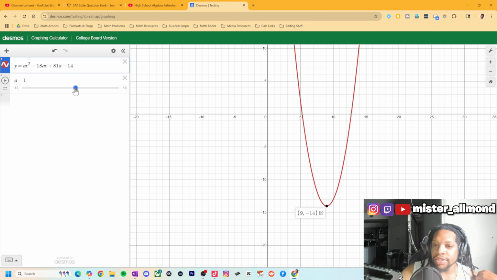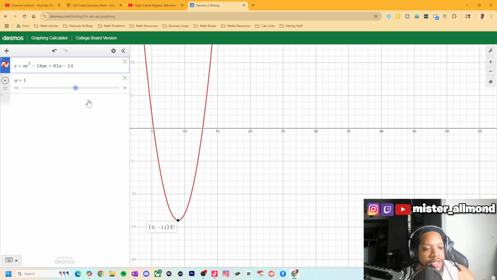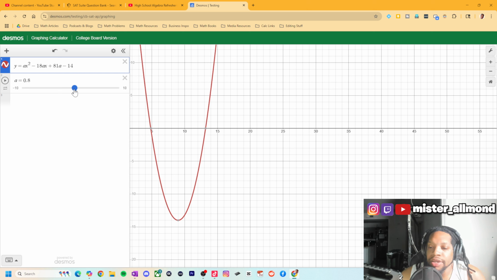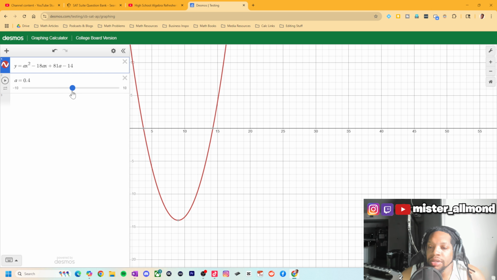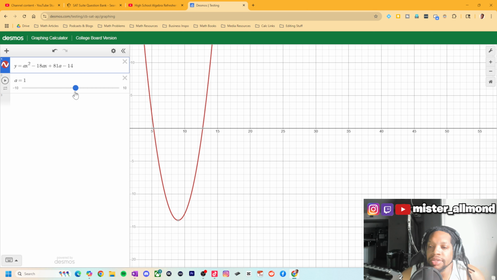As you can see, my vertex is what it says it was, 9, -14. I don't know if you can see that or not, let me scroll this over. And then, of course, I can change A and make a whole bunch of different possibilities.